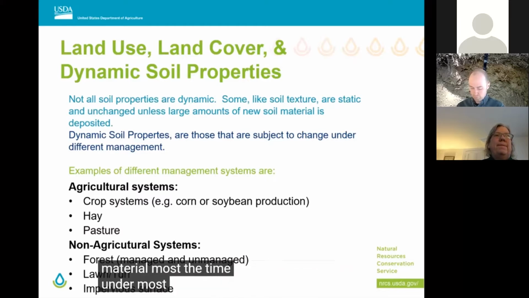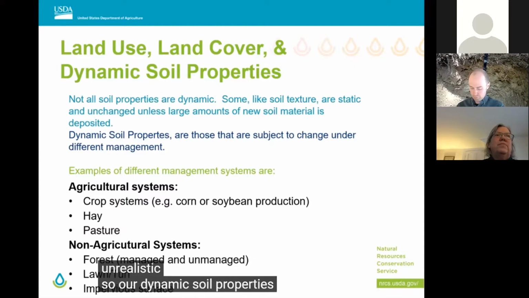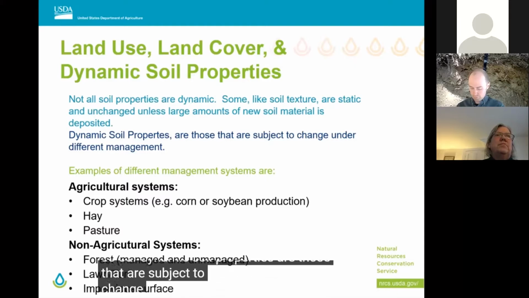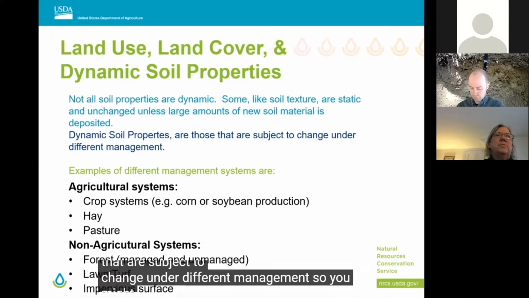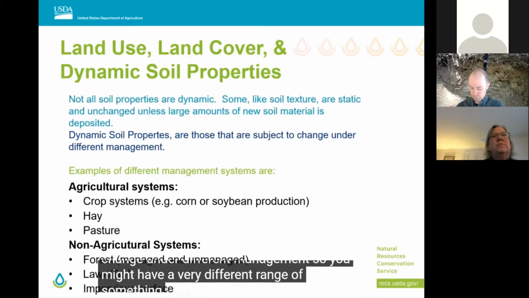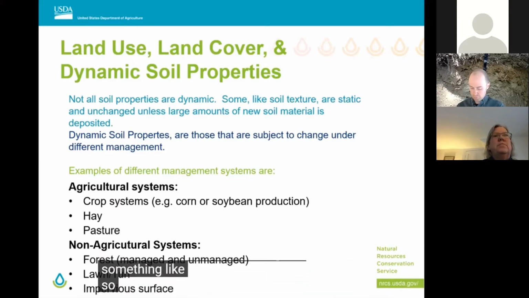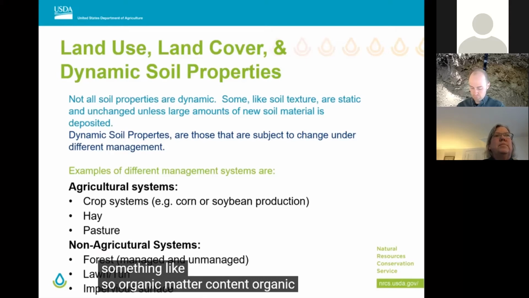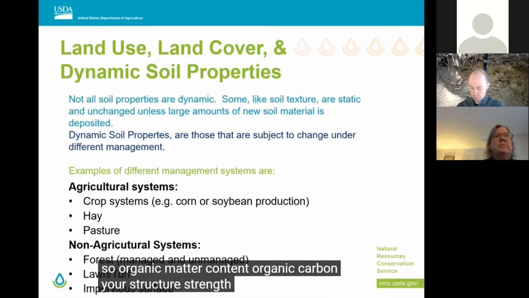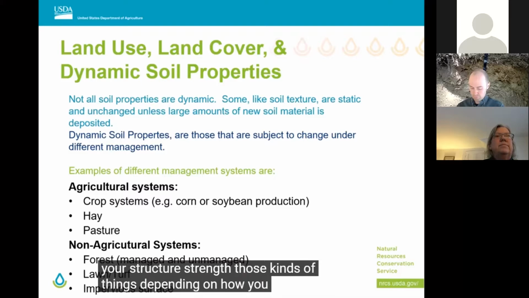Most of the time under most management systems, that's unrealistic. So our dynamic soil properties are those that are subject to change under different management. So you might have a very different range of something like soil organic matter content, organic carbon, structure, strength, those kinds of things, depending on how you manage your soils.